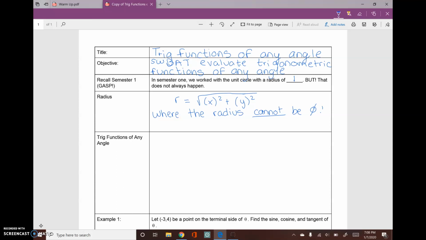So we're going to use this to apply it to the trig functions.